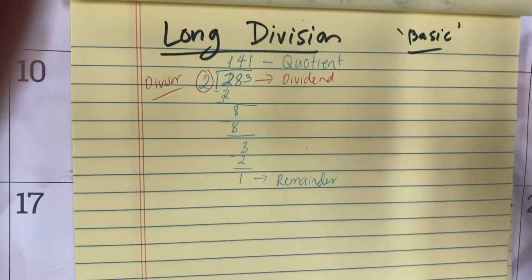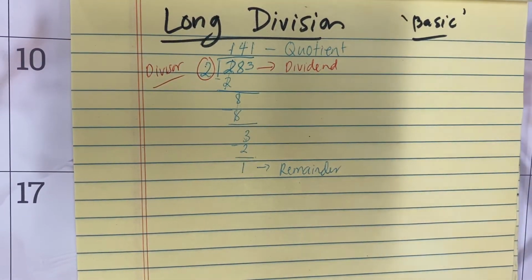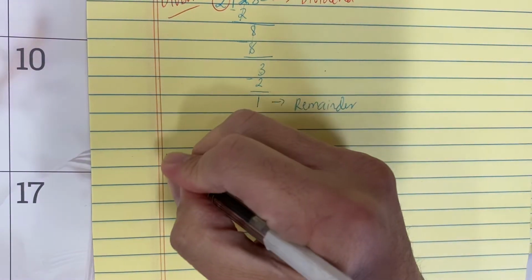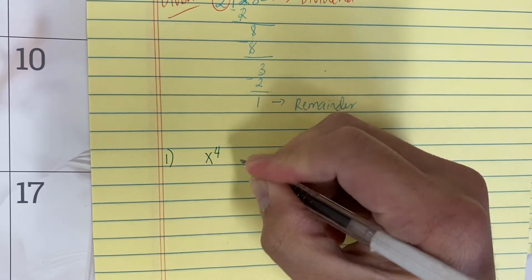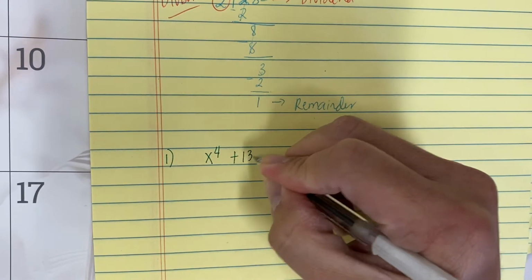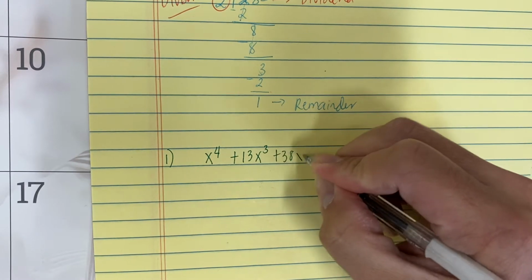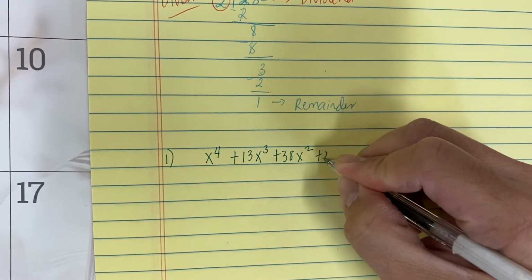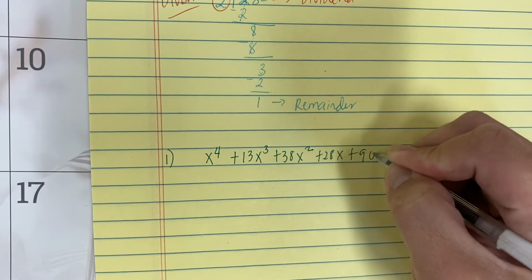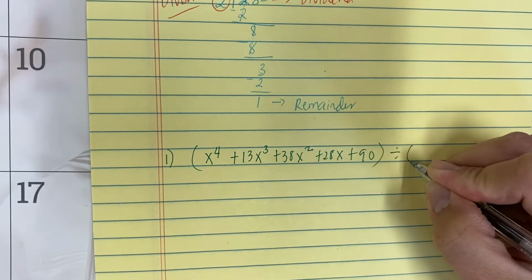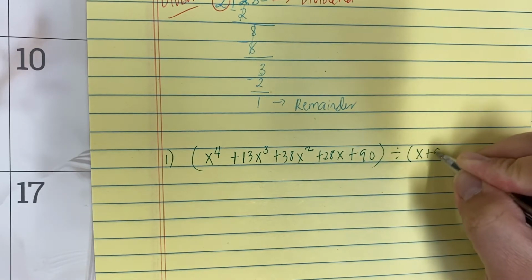Let me show you how to divide polynomials using long division. Okay. Let me use a green one here. I have a polynomial here, number 1, x to the 4th plus 13x cubed plus 38x squared plus 28x plus 90 divided by x plus 9.